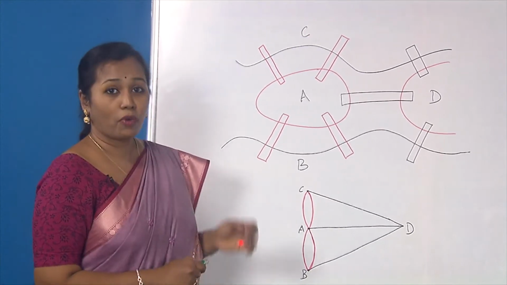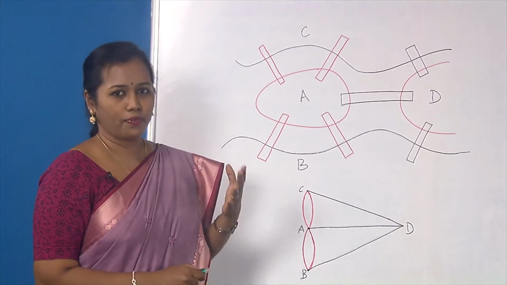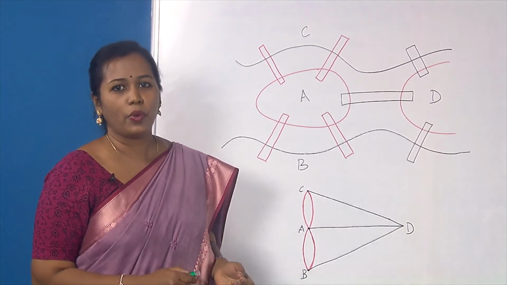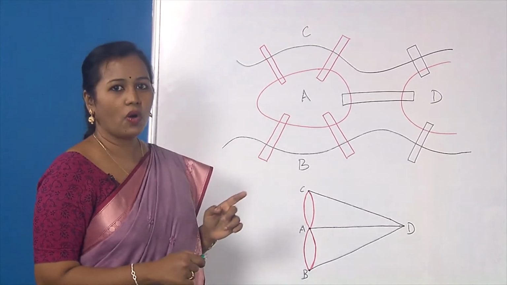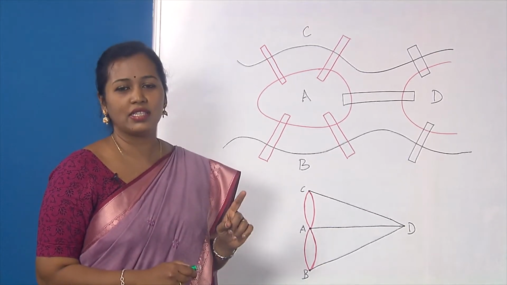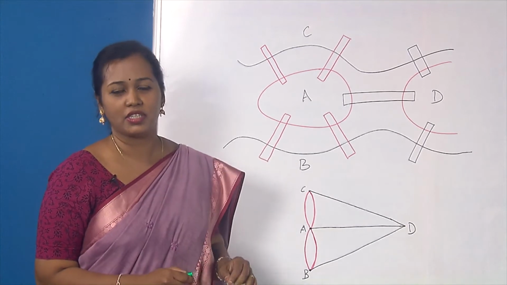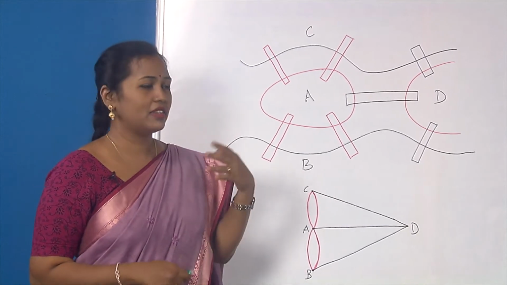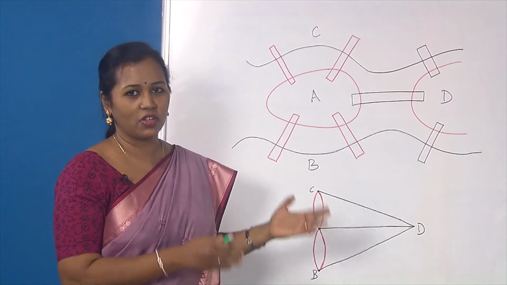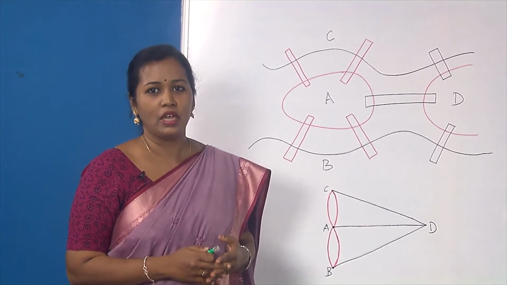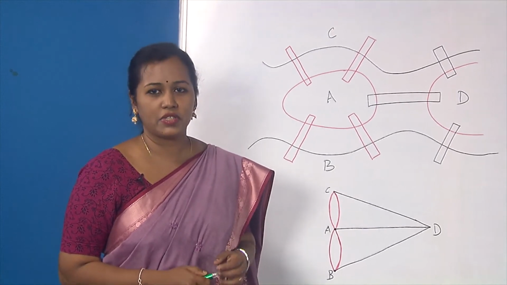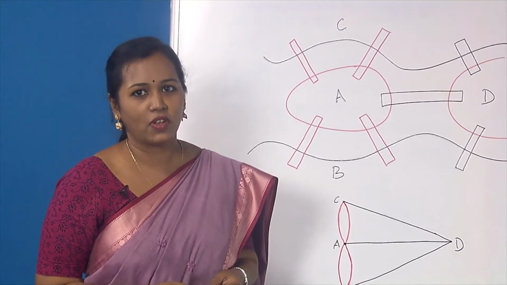And the problem was this: what if one could create a walk where one can start at any landmass and travel across all the bridges exactly once and reach one starting point? That was the problem. And this created a lot of interest in the city of Königsberg, and this was not resolved for quite a long time until Leonhard Euler was able to give a very innovative solution to the problem.